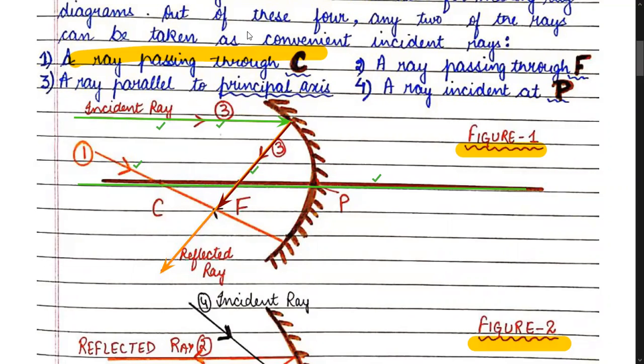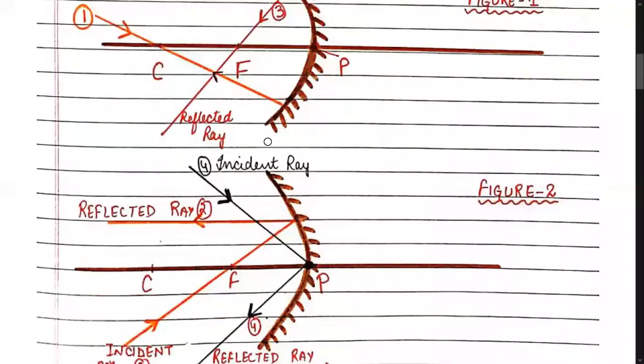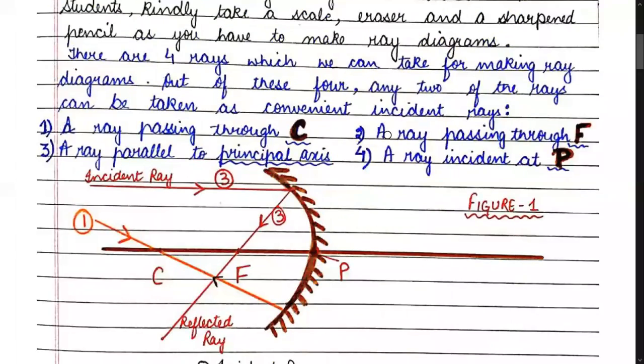So students, make sure that you are understanding the position of the arrows here. The incident ray arrow is pointing towards the mirror, and for the reflected ray, the arrow is pointing away from the mirror.